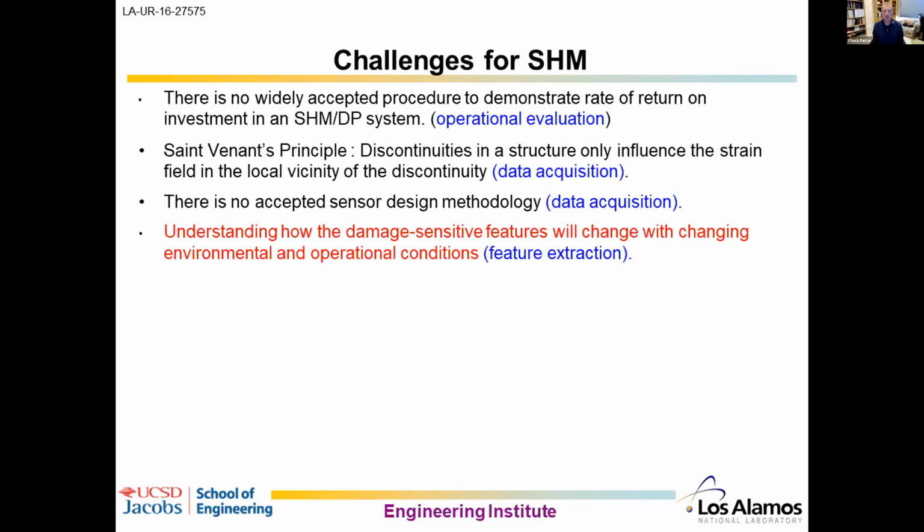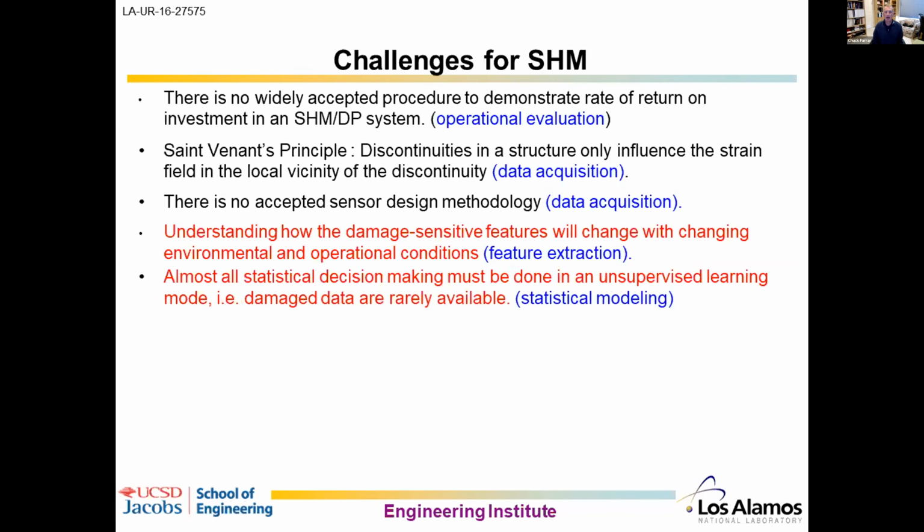I put the next two in red because I think they're some of the biggest challenges. First, understanding how the damage sensitive features change with changing environmental and operational conditions. If you can't understand this, you'll really run the risk of getting false positive indications of damage simply because you're measuring the structure in a different environmental and operational condition, not because damage is present.